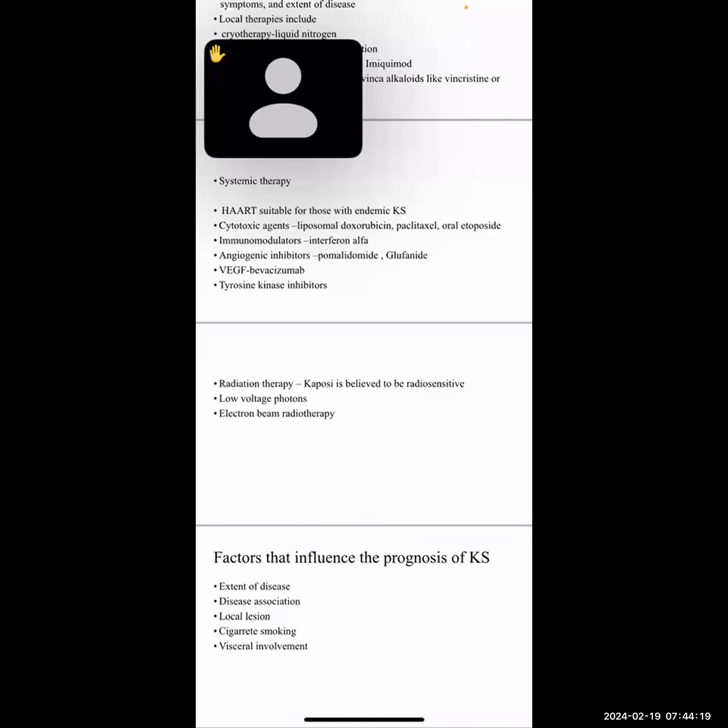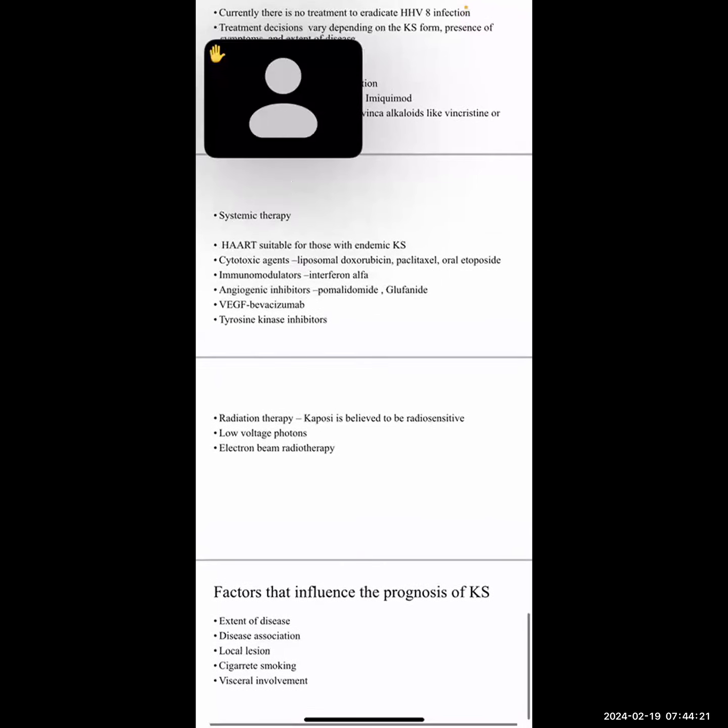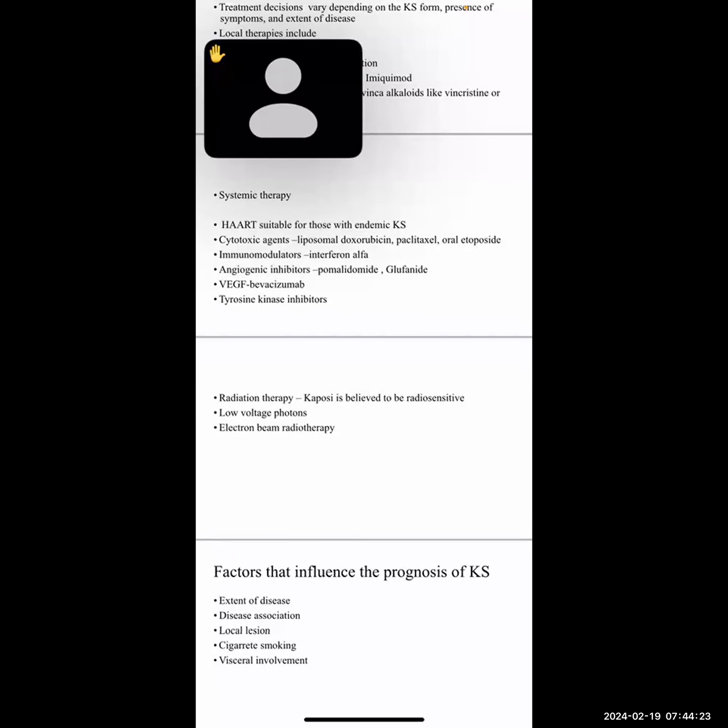If they appear in the patch stage, the prognosis tends to be better. Also, if the patient presents already on ARVs, as compared to those not on ARVs at all, because you find that they just come with these lesions and we make a diagnosis of HIV, and then counsel them to commence ARVs while trying to treat the disease.